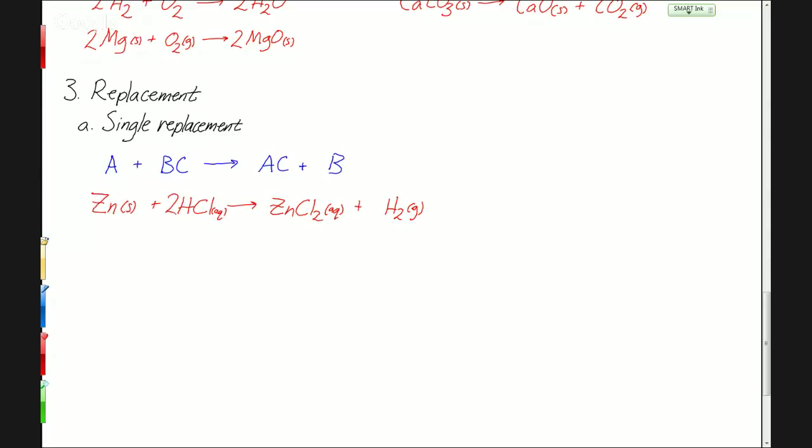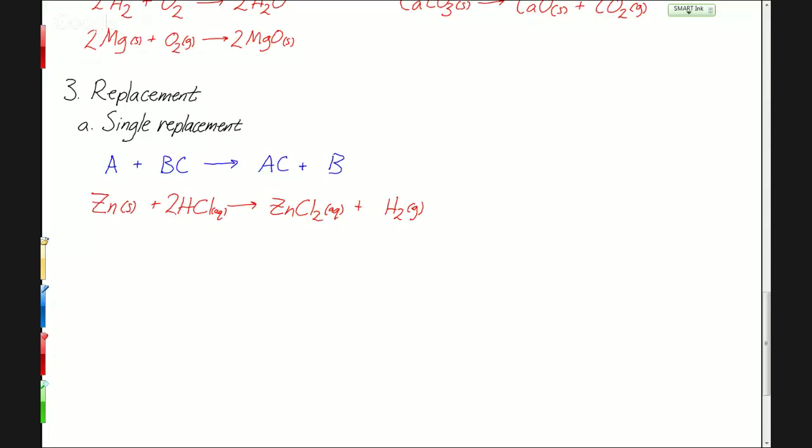Notice here, again, the form is followed, but the quantities have to be readjusted based on what we know about the chemistry. So on the left, we have zinc, which is our A, and HCl, which is BC. One of those two things is going to go with the zinc.